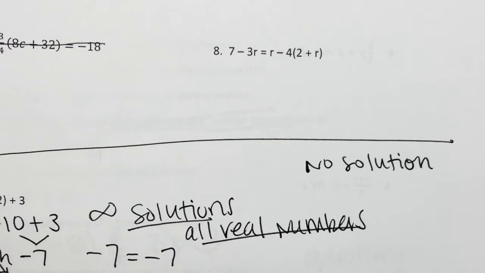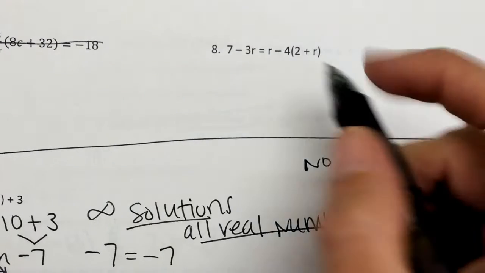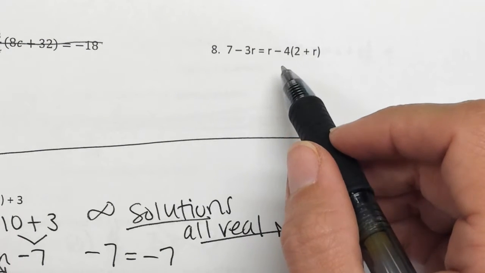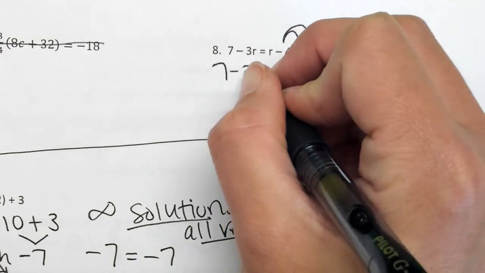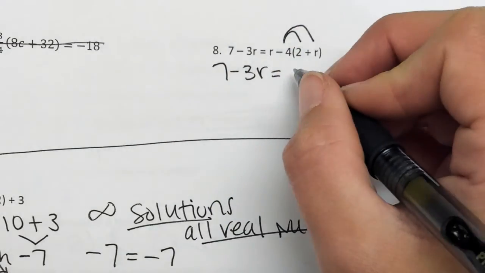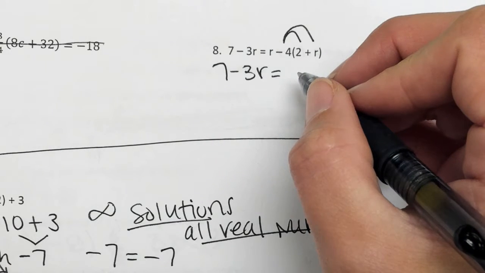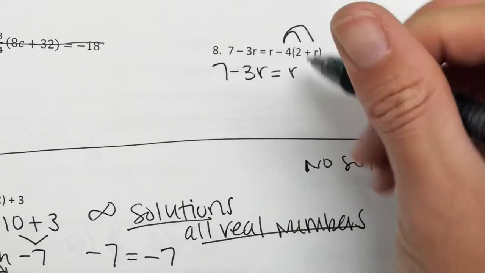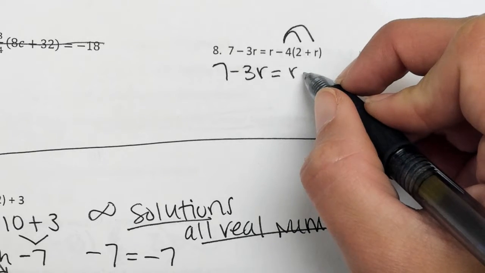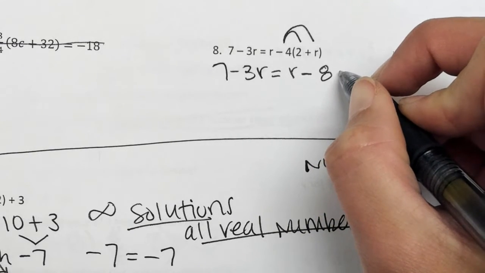Alright. We do distribute the 4, but what's in front of that 4? So is this 4 negative or positive? Good. So we're going to leave 7 minus 3r. And we're not distributing the r because it's not beside the parentheses, just the negative 4. So that would make what, everybody? R minus 8 minus 4.